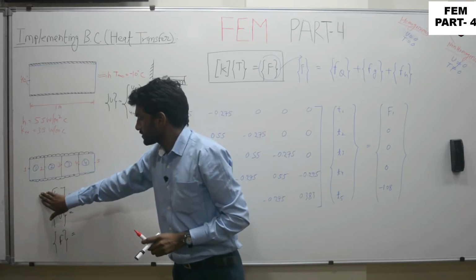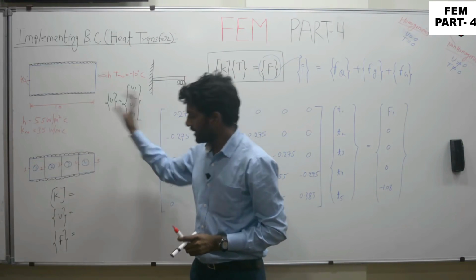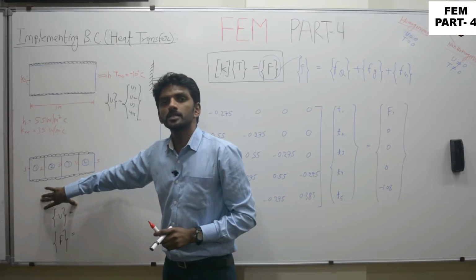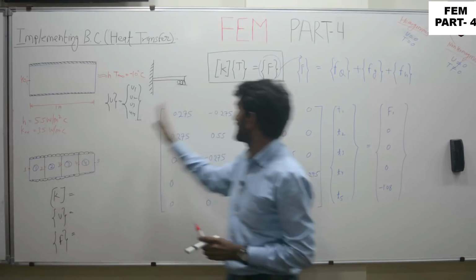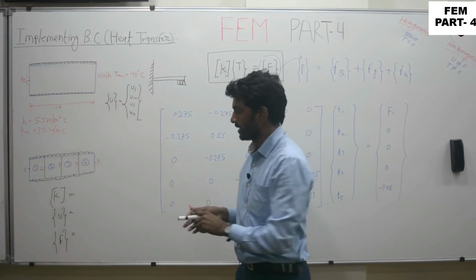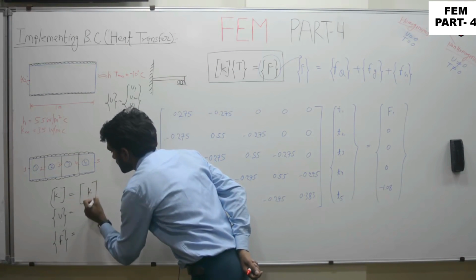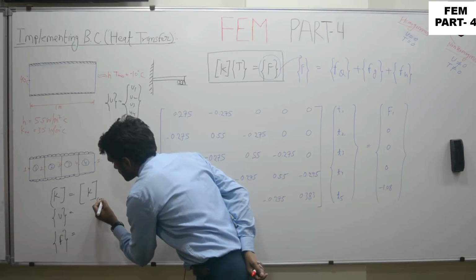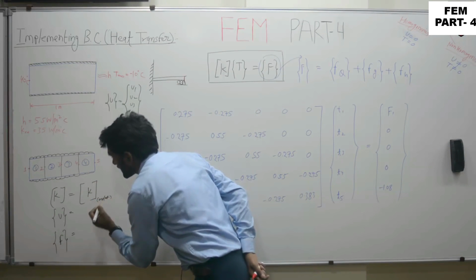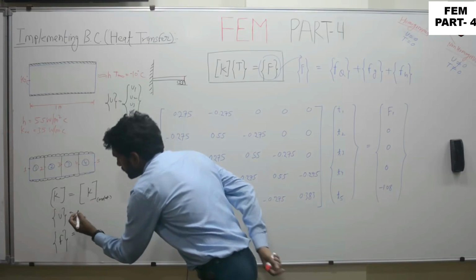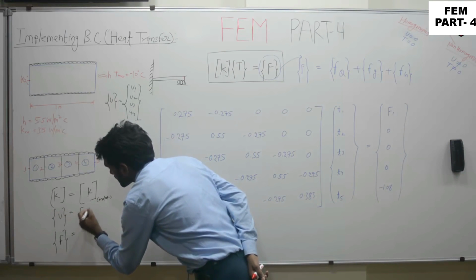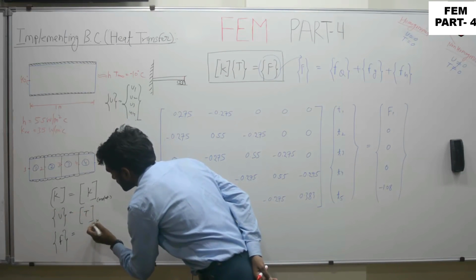The stiffness matrix is for the structural problem, but here we are naming that stiffness matrix the conductance matrix, because in heat transfer conductance is everything over here. So we will also represent the conductance matrix using the same variable, K. Then in place of U, here we are representing the field variable with capital T.